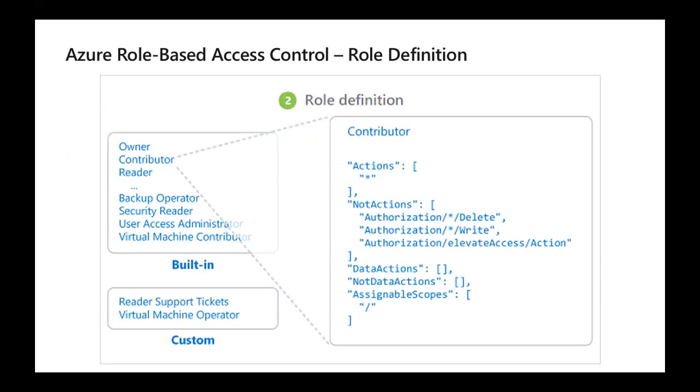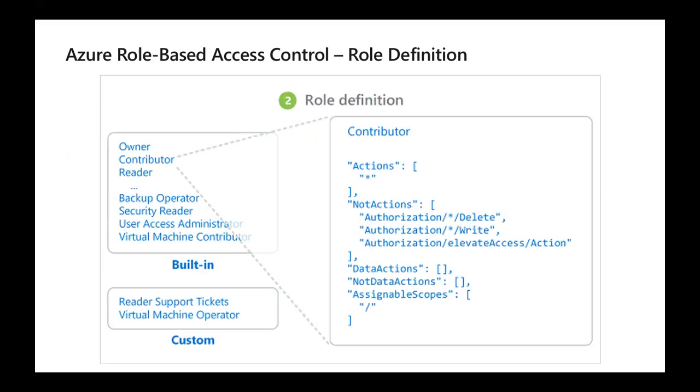Let's continue with the role definition. A role definition is a collection of permissions. In this case, this is typically just called the permissions, what a role contains. A role definition lists the actions that can be performed, such as read, write, or delete.